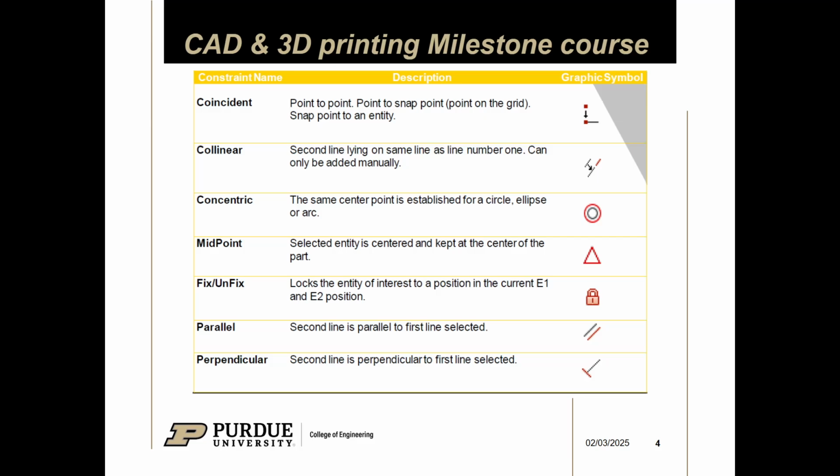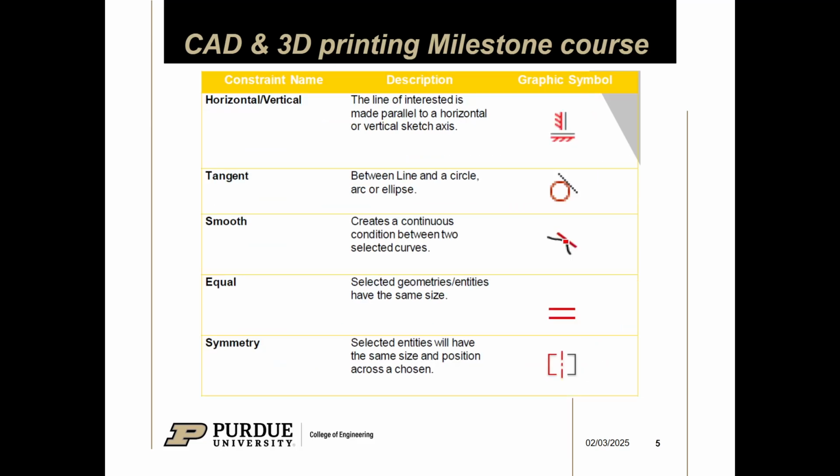You'll probably be using coincident, concentric, midpoint, parallel, and perpendicular pretty often. But there are a bunch of other tools like tangent and equal that are also pretty popular. It's all circumstantial, and you'll get a feel for it as you do it.